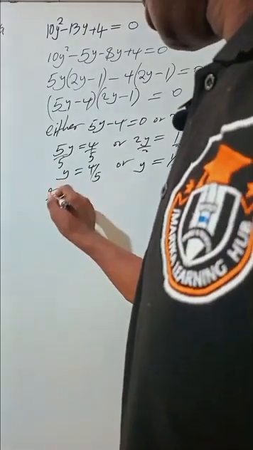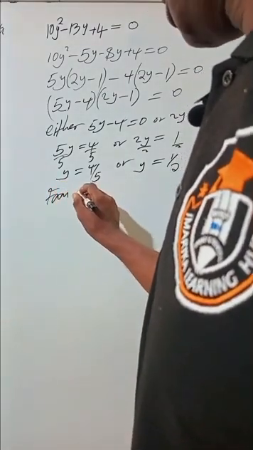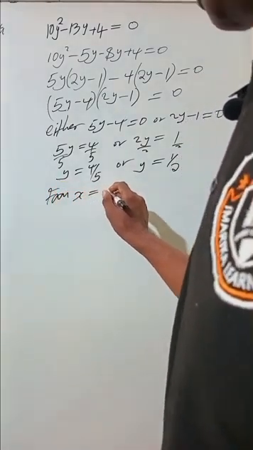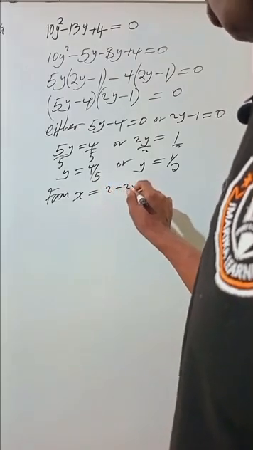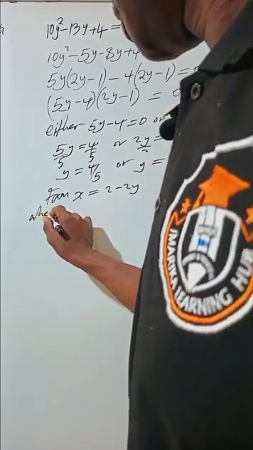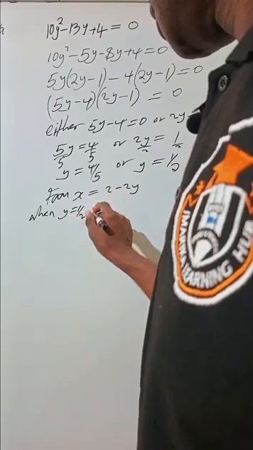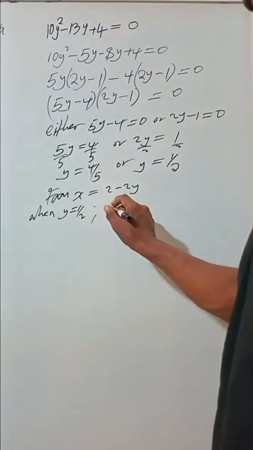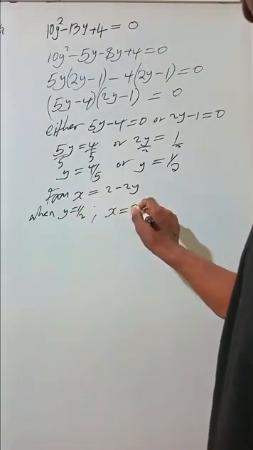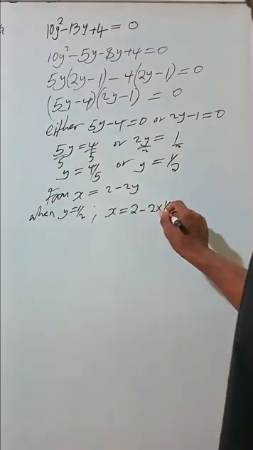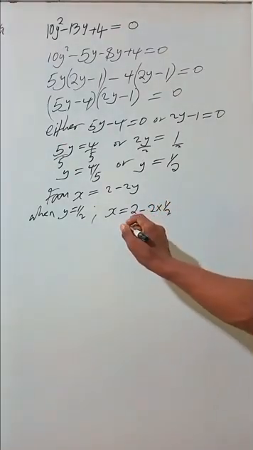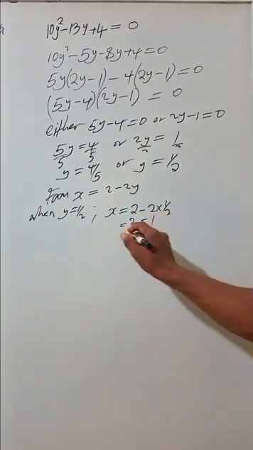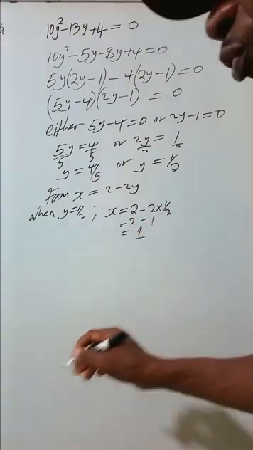Now from x equals 2 minus 2y, when we use the first value for y, that is y equals a half, we shall have x equal to 2 minus 2 times a half, which is 2 minus 1, which gives us 1.